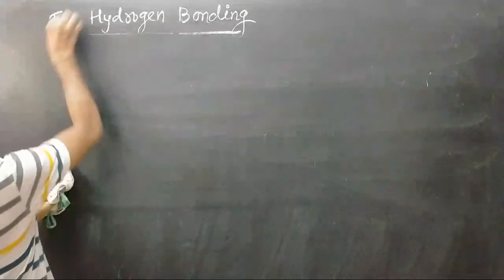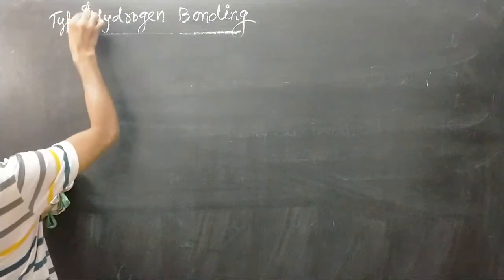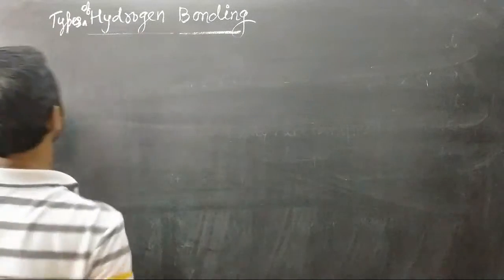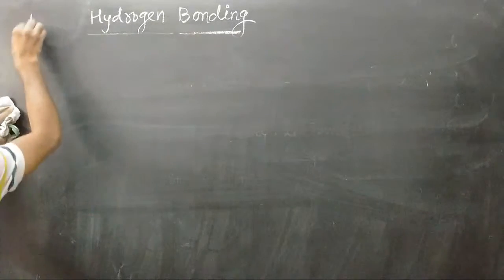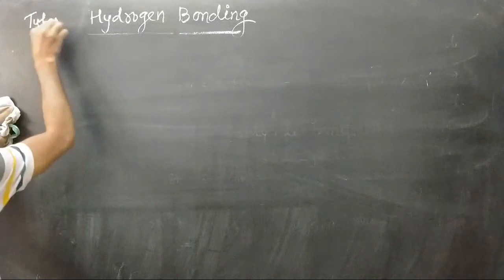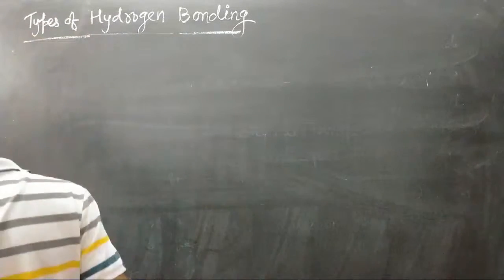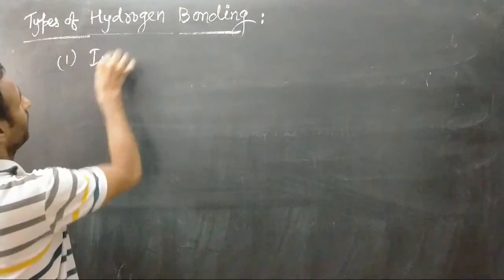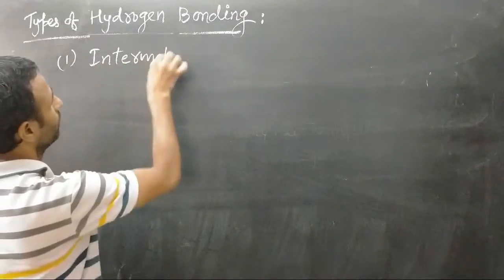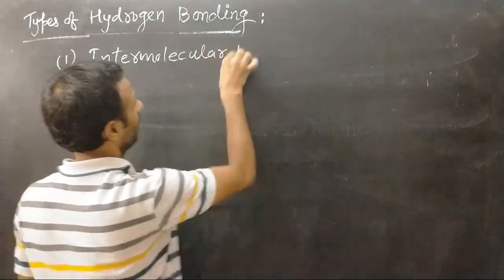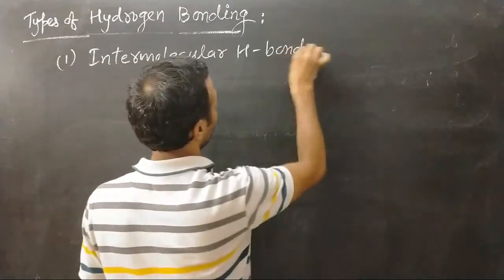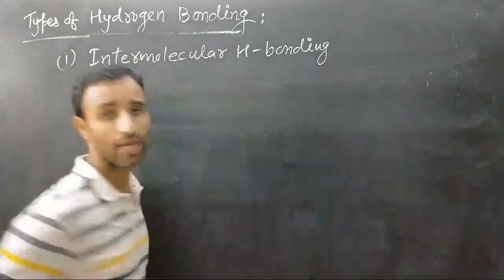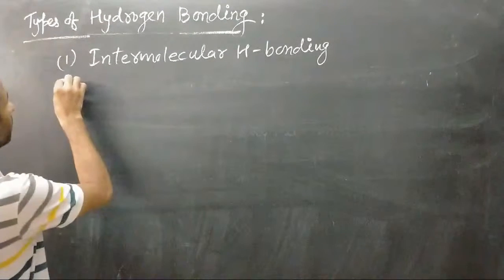Now, types of hydrogen bonding. I can write here: types of hydrogen bonding. So it is intermolecular hydrogen bonding and intramolecular hydrogen bonding.